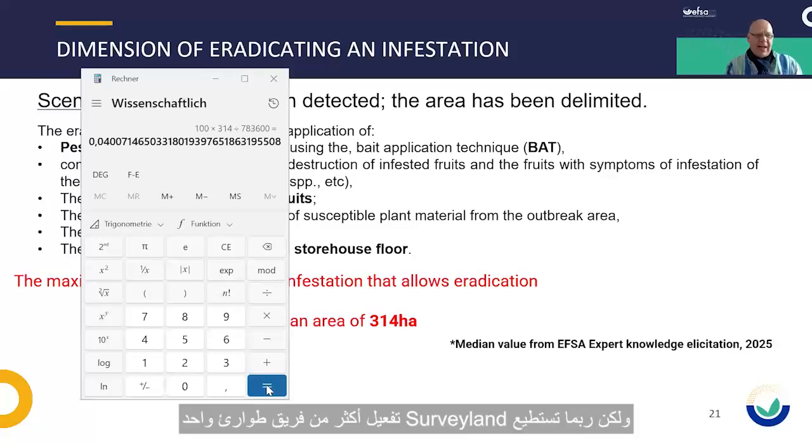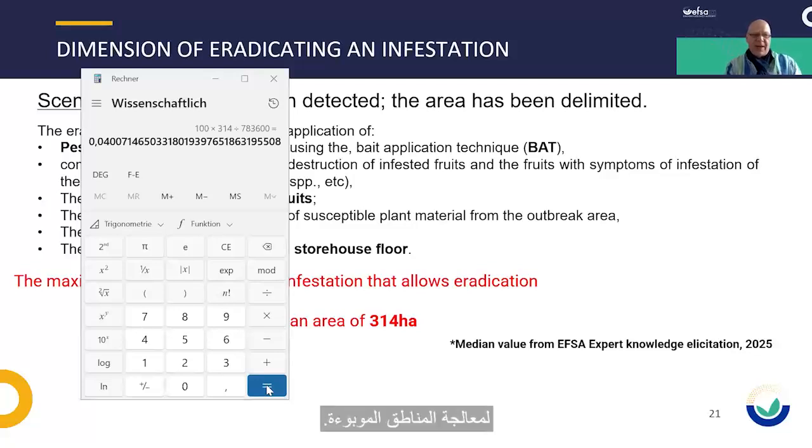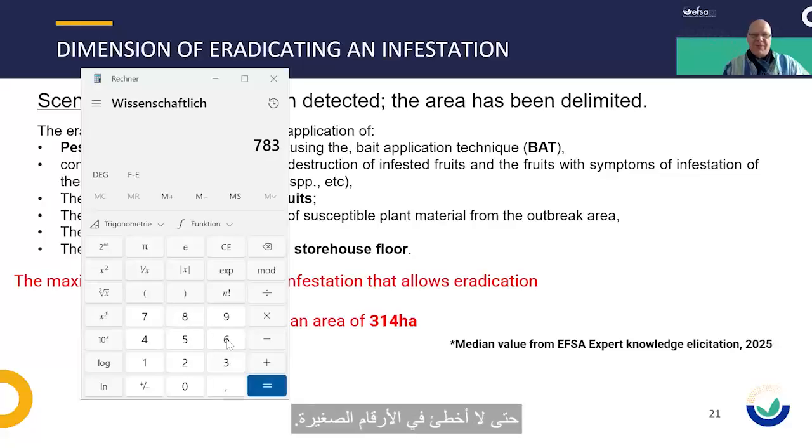But maybe Surveyland can activate more than one emergency team to treat infested areas. Okay, then how many teams would be needed if 2% of the area is infested? Well, again, let's ask our calculator so that I don't make a mistake with small numbers.